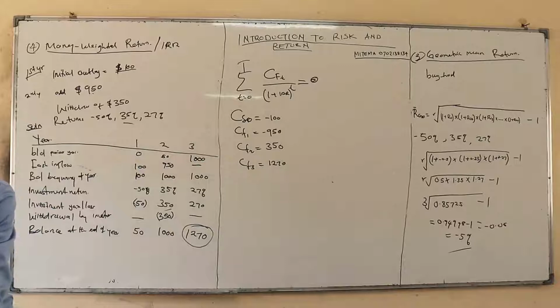The internal rate of return is the discount rate at which the sum of the present values of these cash flows will be equal to 0. It's usually given, or you can calculate it. There are several ways to calculate that internal rate of return.